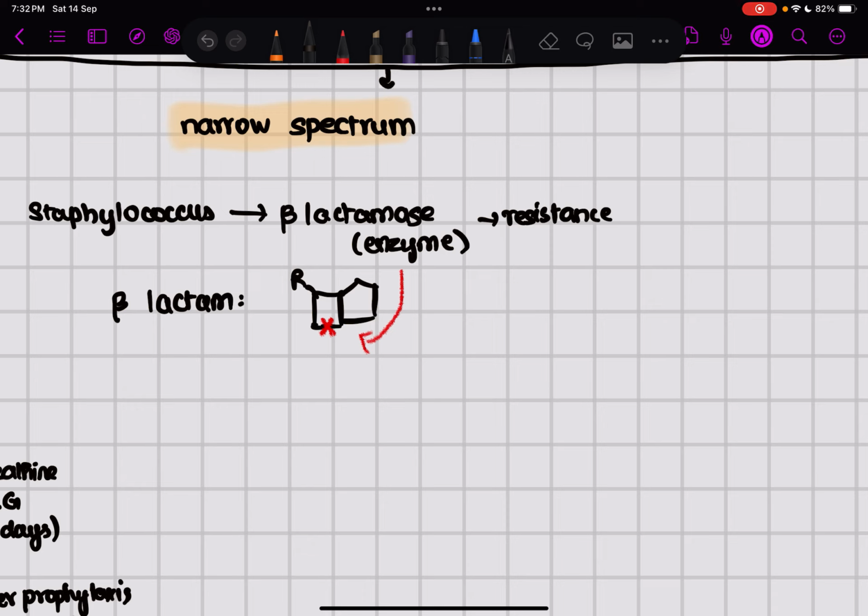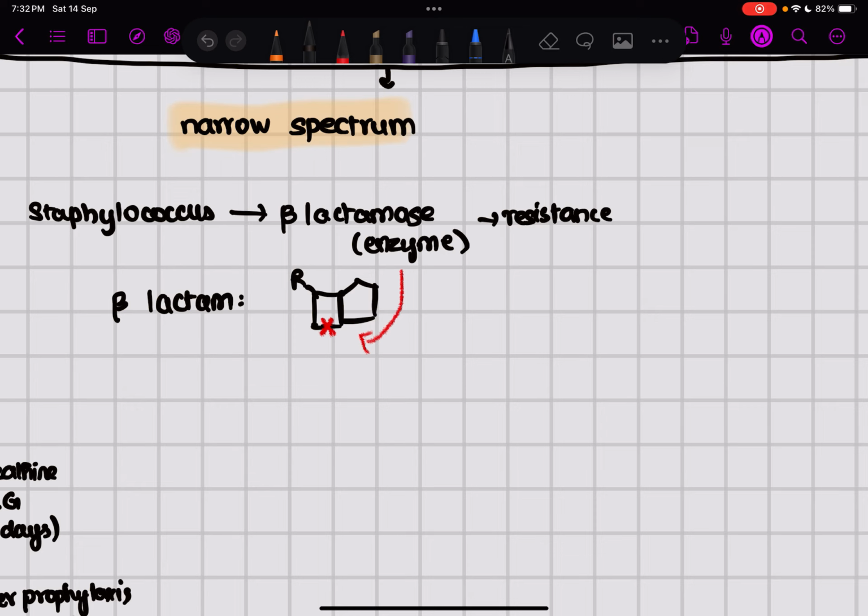So what we do is a structural modification in the beta lactam ring, so that the beta lactamase or penicillinase, that is the beta lactam breaking enzyme, becomes ineffective.